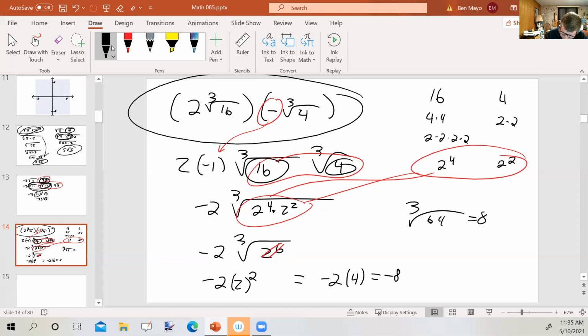Oh, the cube root of 64 isn't 8. Cube root of 64 is 4, which is that same 4. So again, there's a variety of ways that you can pull this thing apart or put it together, but you're wanting to find cubes so that you can uncube them.